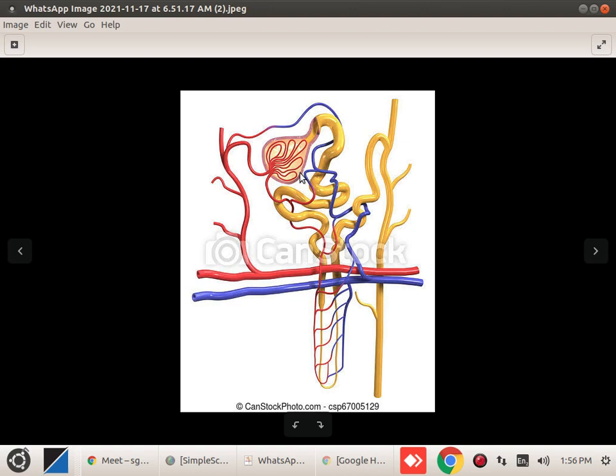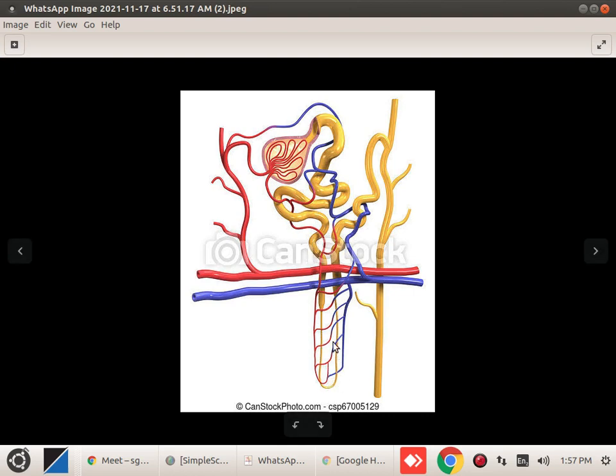This particular Bowman's capsule: what is coming inside is the afferent, and what is going outside is the efferent. Then the Bowman's capsule further proceeds into the PCT. Convoluted, I said, na? Convoluted means a little bit twisted. Then later on Henle's loop, which is quite thin.